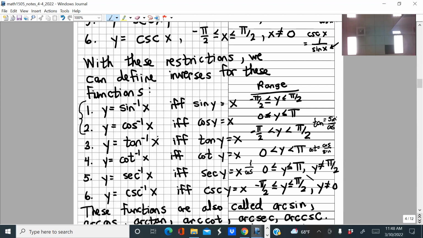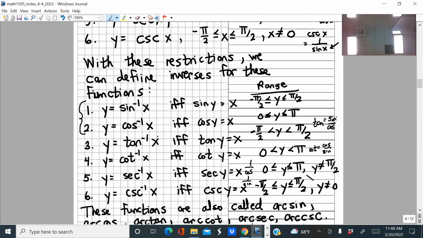So the range for the arc secant is the same as the range for the arc cosine, 0 to pi. And how do you compute cosecant? That's 1 over what? Sine, right? So the range for the arc cosecant is the same as it is for the arc sine, which is minus pi over 2 to pi over 2. Does that make any sense to y'all? All right. For the inverse trig functions, you must remember the ranges. That's crucial. But it's really only these two that you need to remember the range for. The others you can derive from these two.